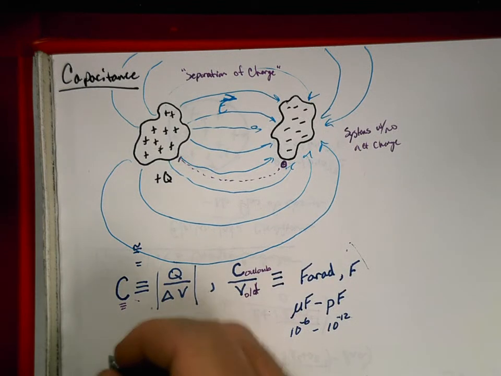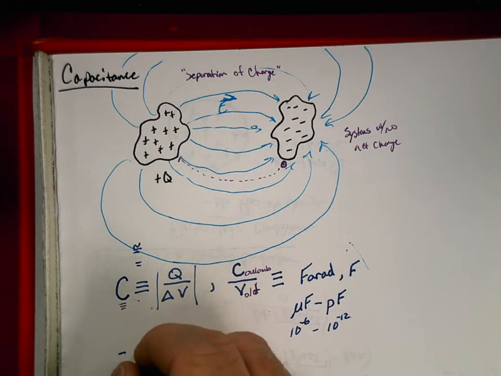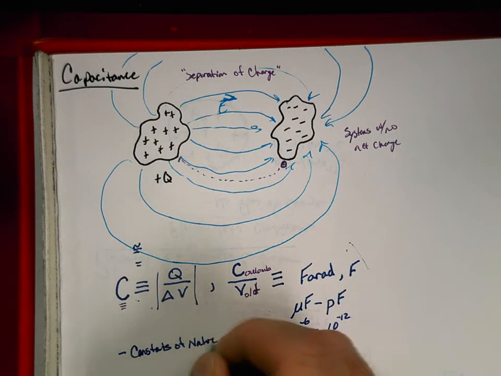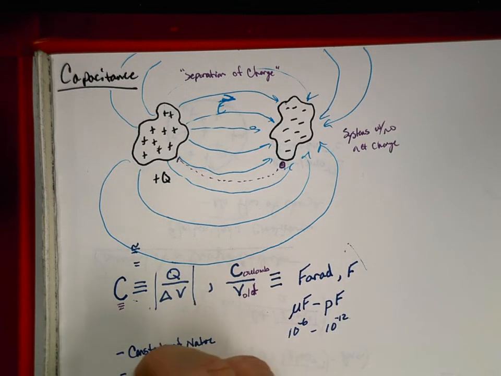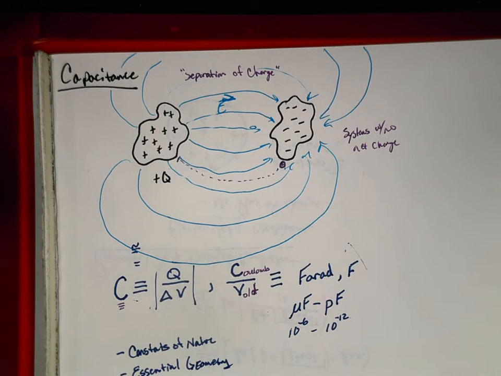The capacitance is defined by constants of nature, K or 4 pi epsilon naught, that sort of thing, and the essential geometry. In other words, once you establish the shape of what you're dealing with, it's what can change with that shape.